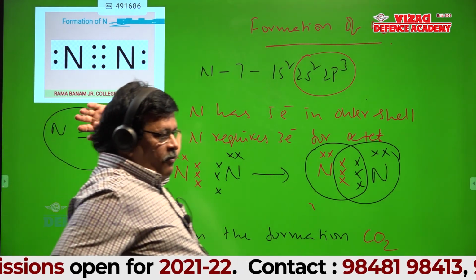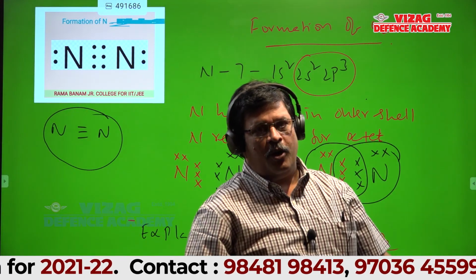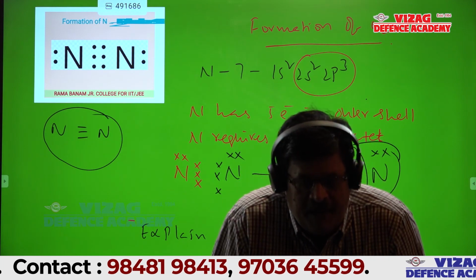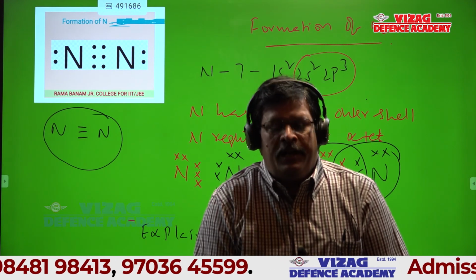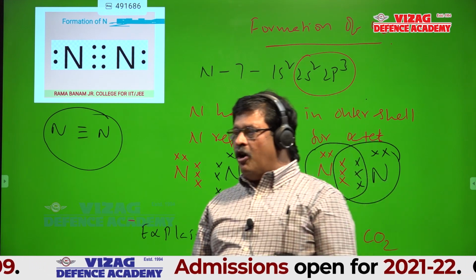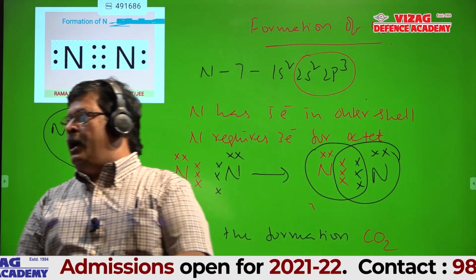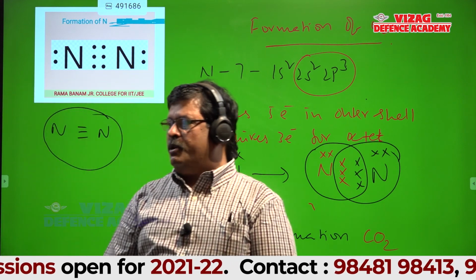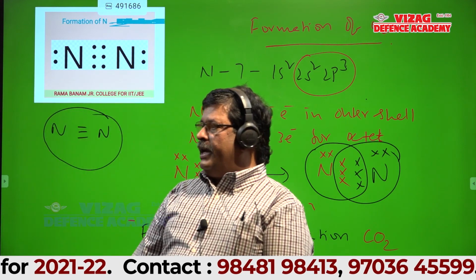How many bonds are between carbon and oxygen, totally how many bonds are there, how many electrons oxygen contributes, how many electrons carbon contributes, and I want the Lewis dot structure of CO2. I will give 5 minutes time to you all, students, you better write. After that, if any doubt, I will explain.